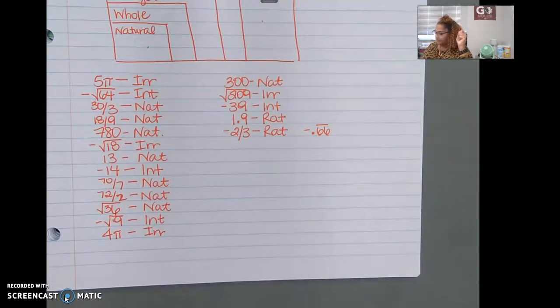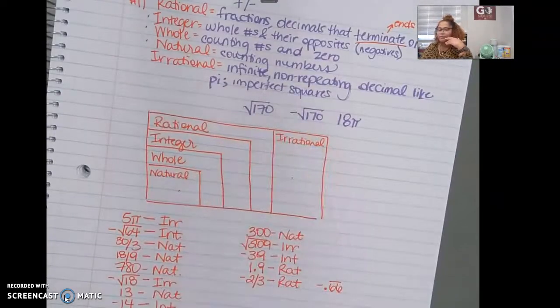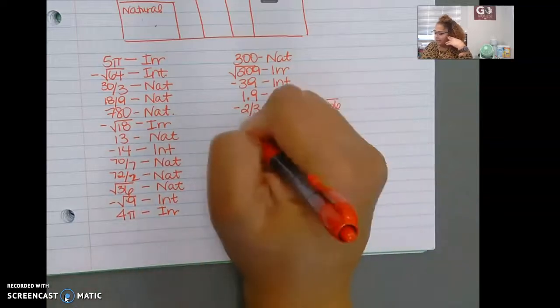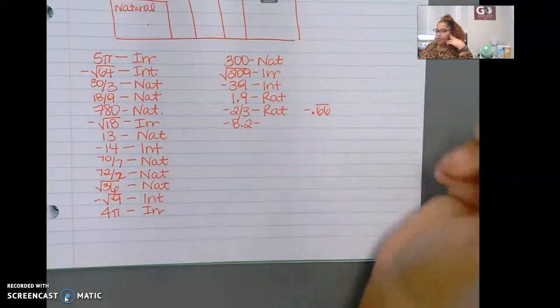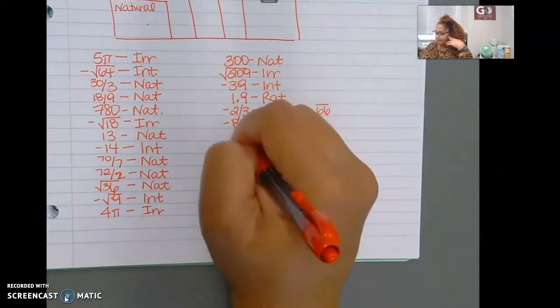Next one. If it repeats, it is infinite, but it's not non-repeating. Non-repeating is irrational. -8.2. Say that again. Rational. 2 pi.